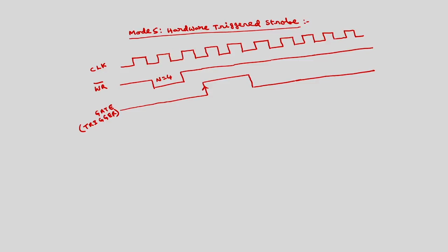So once this low to high transition has occurred, from the next immediate negative edge onwards, this is the negative edge. This occurred here, say, so the next negative edge is this. This can be of any duration.